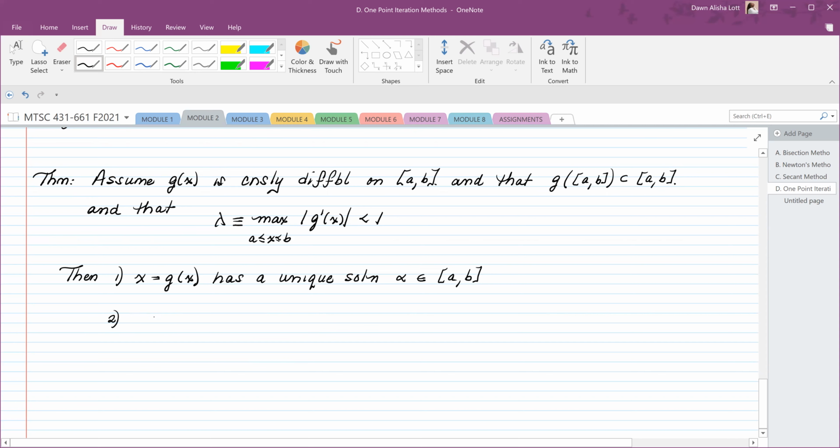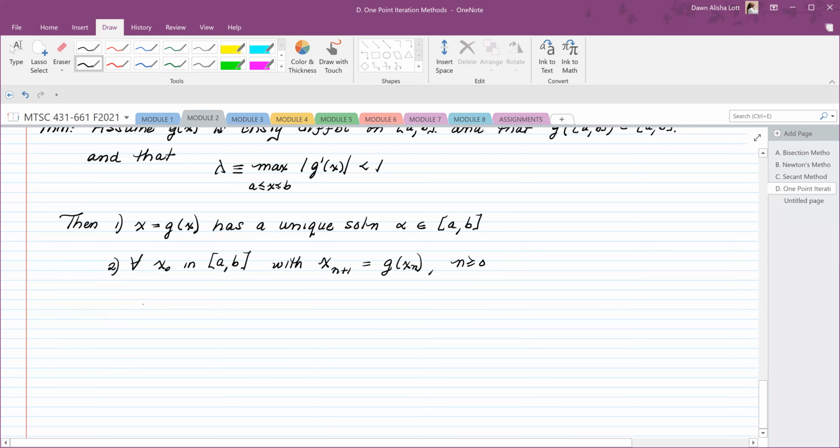Second, for all X naught in AB, with the sequence of iterates x n plus 1 equaling g of xn, where n is greater than or equal to 0, the limit as n goes to infinity of those iterates is equal to alpha.